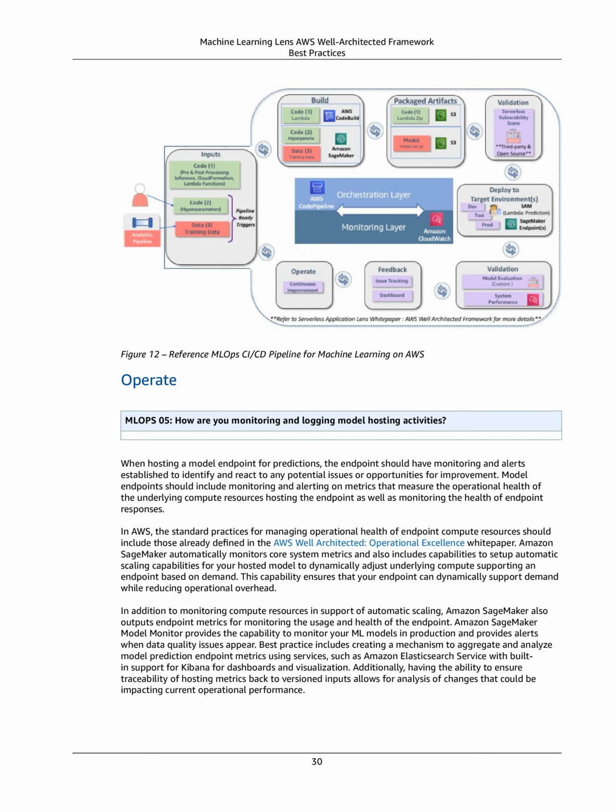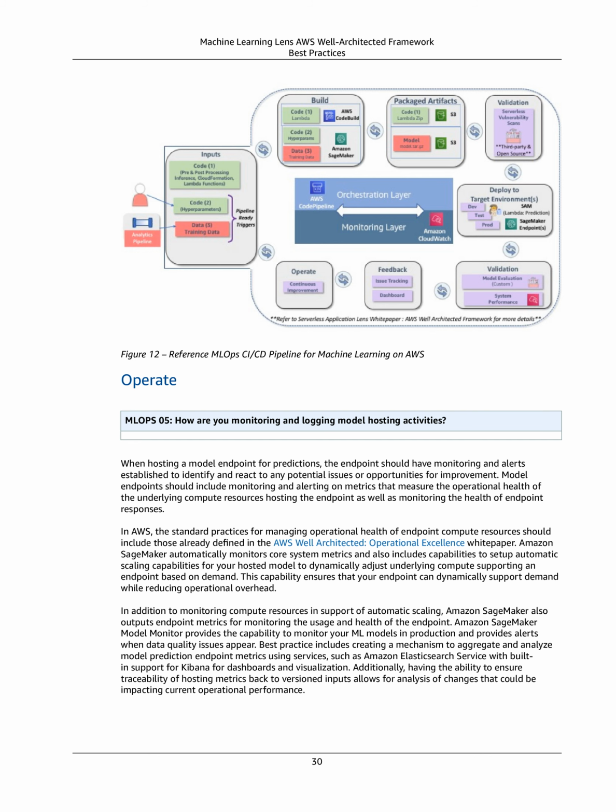Amazon SageMaker automatically monitors core system metrics and also includes capabilities to set up automatic scaling for your hosted model to dynamically adjust underlying compute supporting an endpoint based on demand. This capability ensures that your endpoint can dynamically support demand while reducing operational overhead. In addition to monitoring compute resources in support of automatic scaling, Amazon SageMaker also outputs endpoint metrics for monitoring the usage and health of the endpoint.